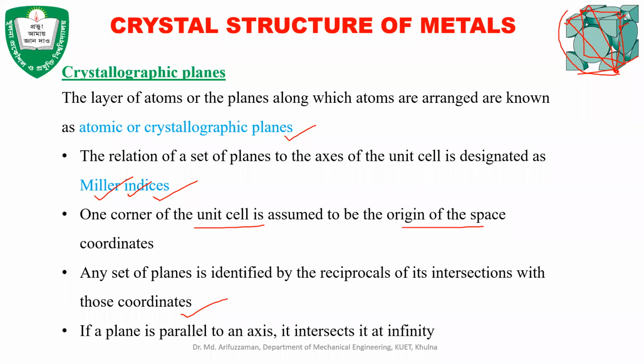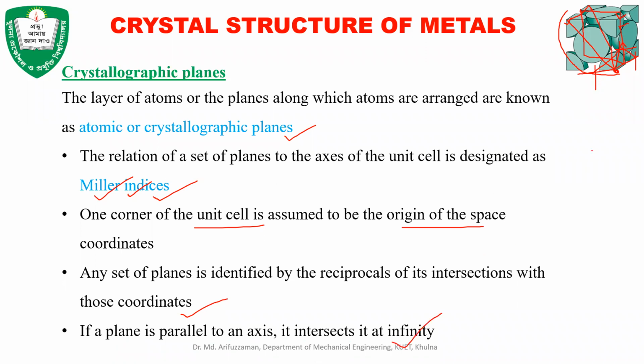If you want to consider a plane, then you have to find the intersection points where the plane intersects the x-axis, y-axis, or z-axis. And I'll show you that if a plane is parallel to an axis, it intersects it at infinity.